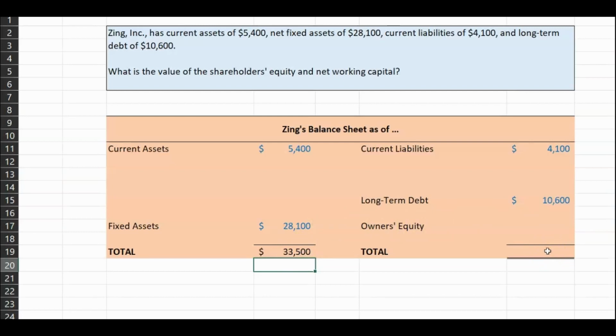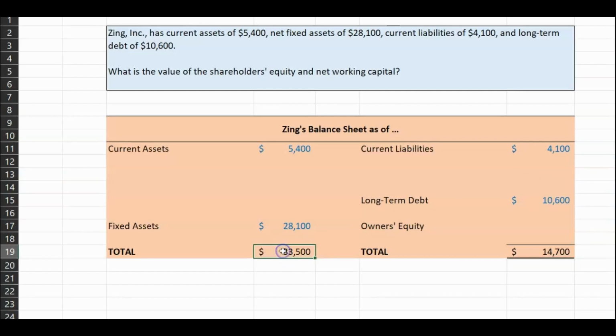$33,500 came from somewhere in the form of debt or owner's equity. Now, if you actually take the sum of just debt, which is current liabilities and long-term debt, you find that the debt is only $14,700. This cannot be.